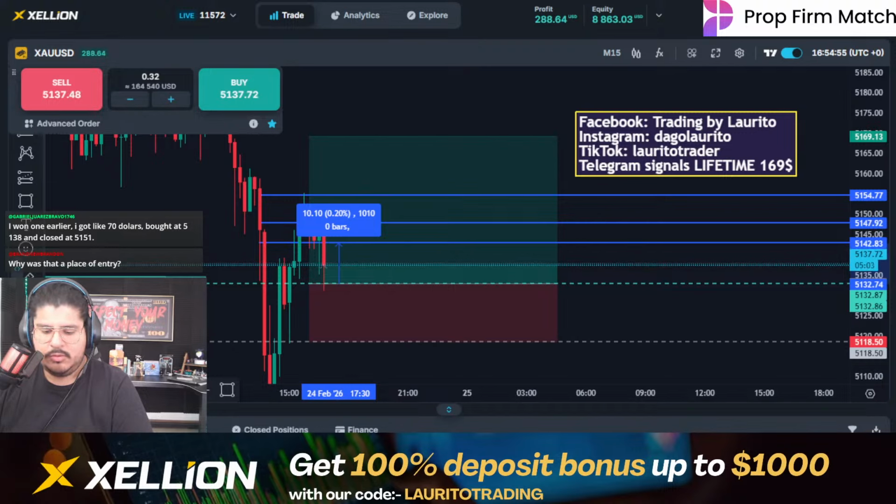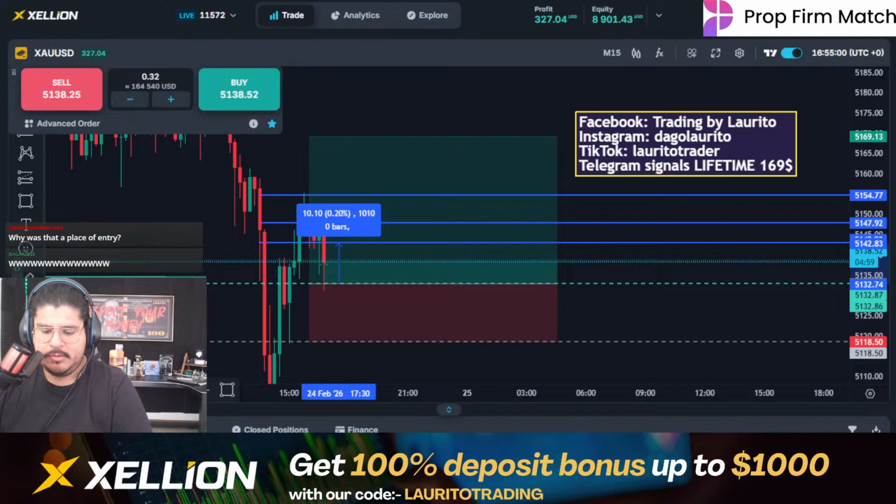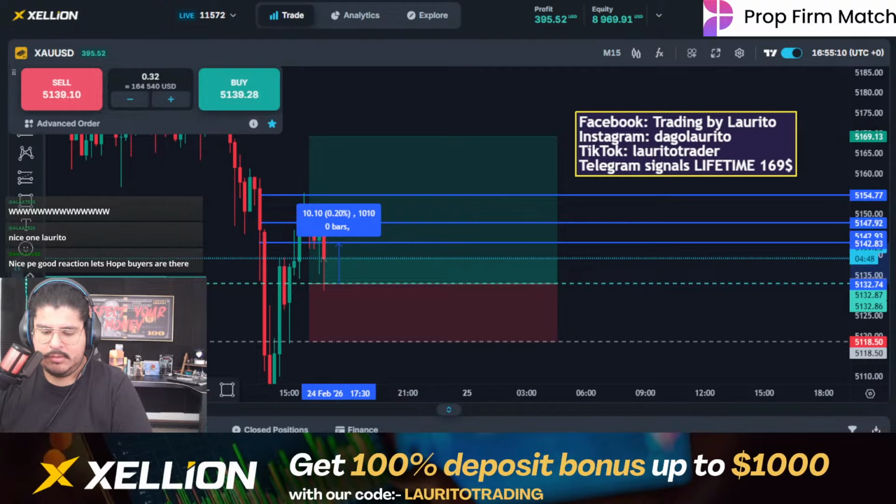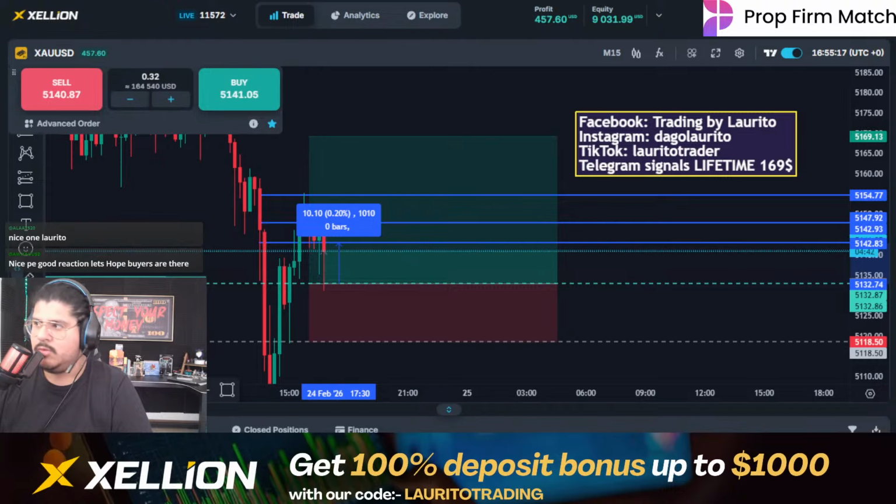Working into the targets as fast as it can. 40.